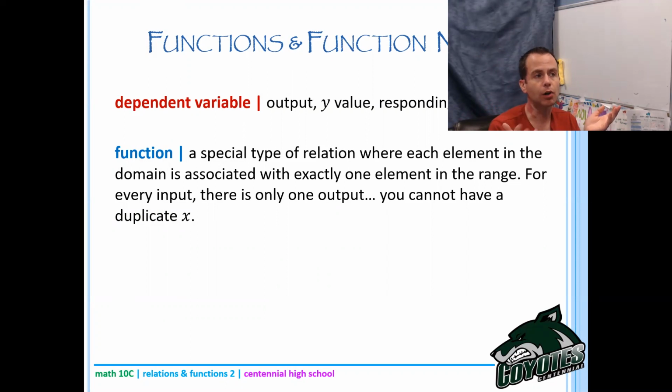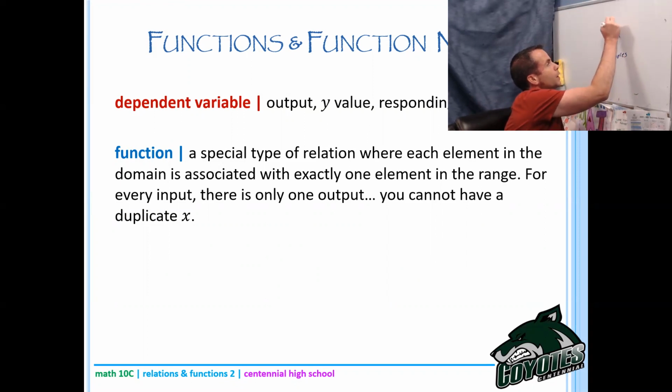Just like all natural numbers are considered integers. You'll remember in a previous unit, we talked about the number families, right? And we talked about the fact that natural numbers were a smaller subset of a larger family called integers. So all naturals were integers, but not all integers were natural, right? We can say the same thing about squares. All squares are rectangles, okay? A square fits the definition of what a rectangle is.